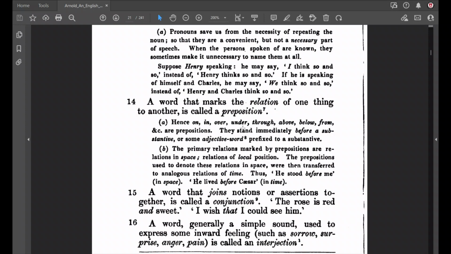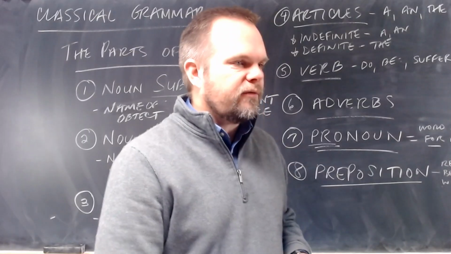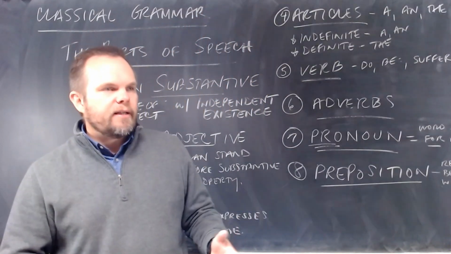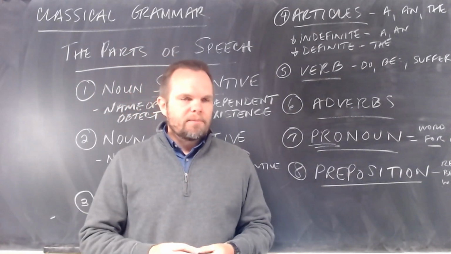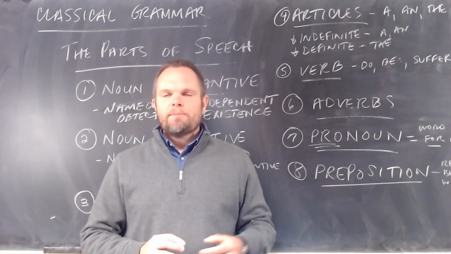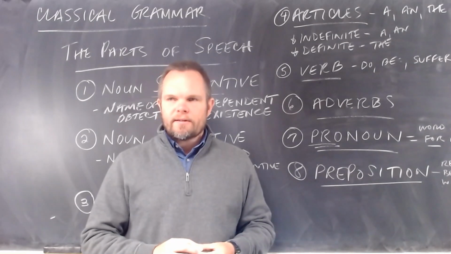The prepositions used to denote these relations in space were then transferred to analogous relations of time. What that means is that originally, let me explain this a little bit because that can be confusing, as language developed, prepositions had simple, literal ideas.